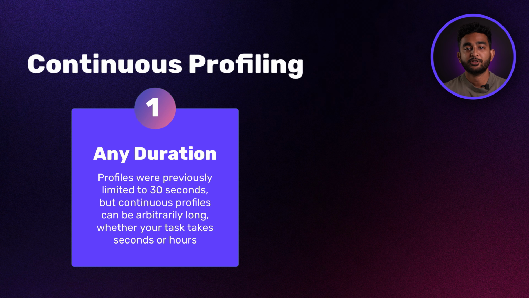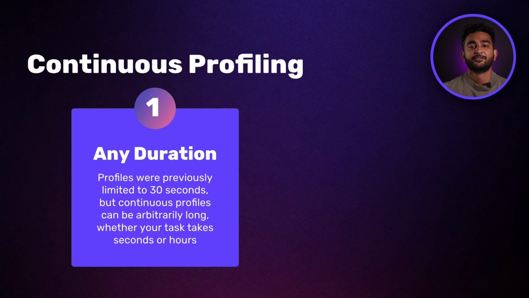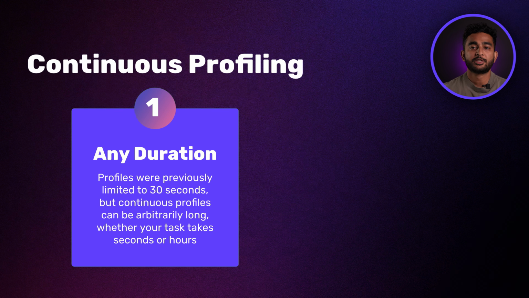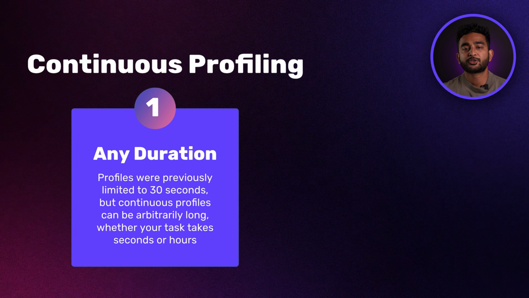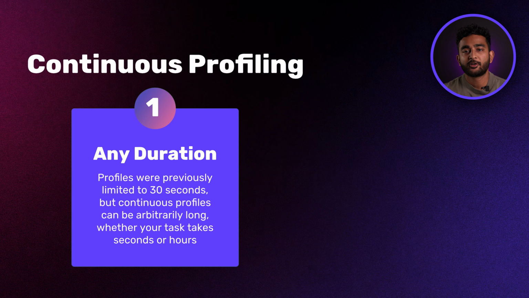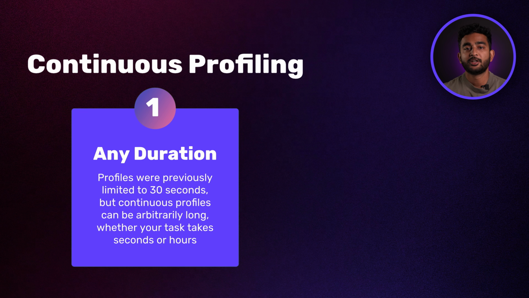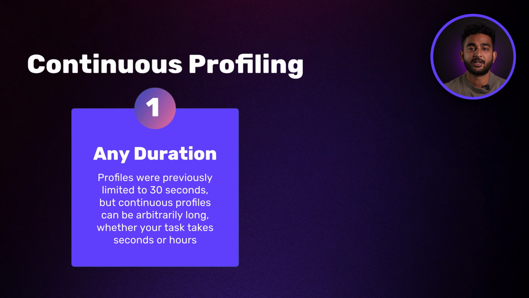Today, we're previewing an evolution of profiling, continuous profiling, which addresses these gaps. For scenarios where you need to measure the performance of a long-running task, like running a build script or training a machine learning model, continuous profiling supports arbitrarily long profiles. Whether your task takes seconds or hours, you can leverage profiling to find your bottlenecks.